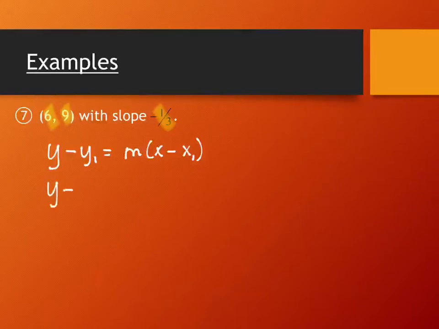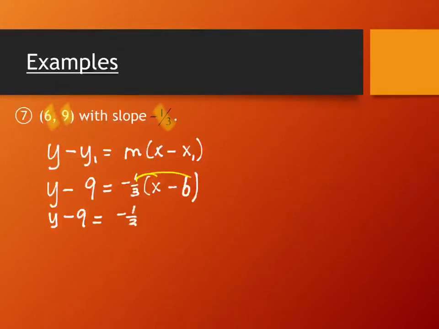So y minus, the y value is 9. My slope given to me was negative 1/3. X minus my x value is 6. So on the left-hand side, it's just y minus 9. On the right-hand side, I need to distribute the negative 1/3. So again, maybe not quite so friendly because I have fractions involved, but it's friendlier than the last fractions I did.